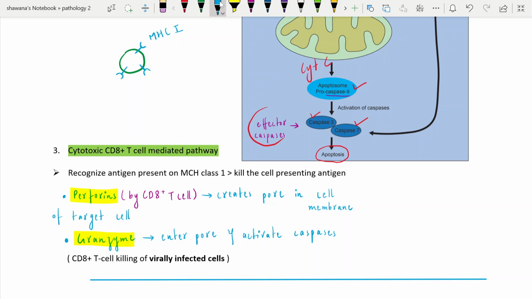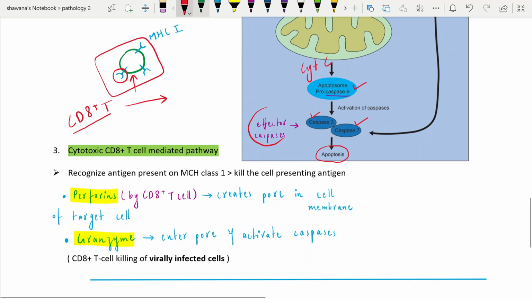When a cytotoxic CD8 positive T cell is passing by, it recognizes these MHC class 1 molecules presenting the viral peptides. So it recognizes that this cell is virally infected and must be removed from the body. It starts to mediate apoptosis.